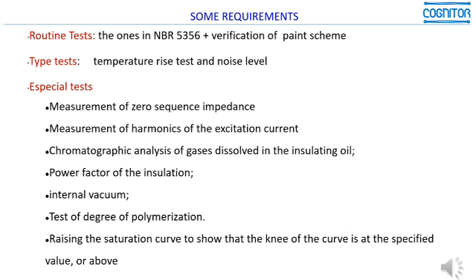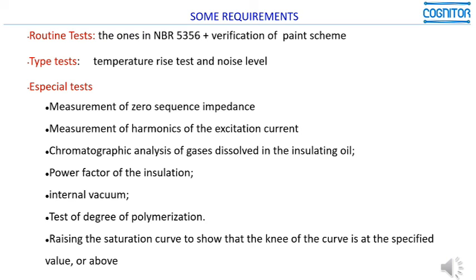And here we see the list of the tests which were included in this specification. We have the type tests, temperature rise and noise level, some special tests such as the ones listed in this slide, and the routine tests, which are the ones in this Brazilian standard, which is exactly like the IEC standard for power transformers.